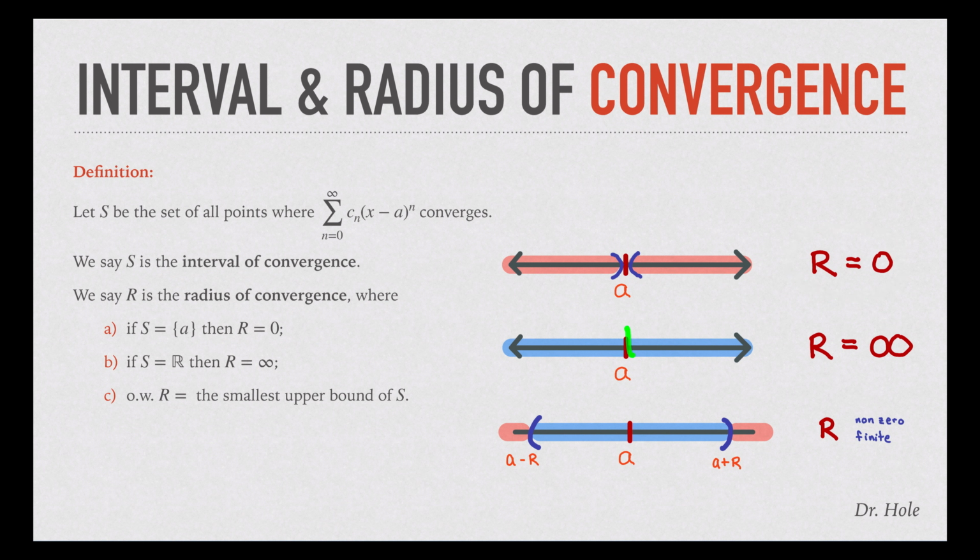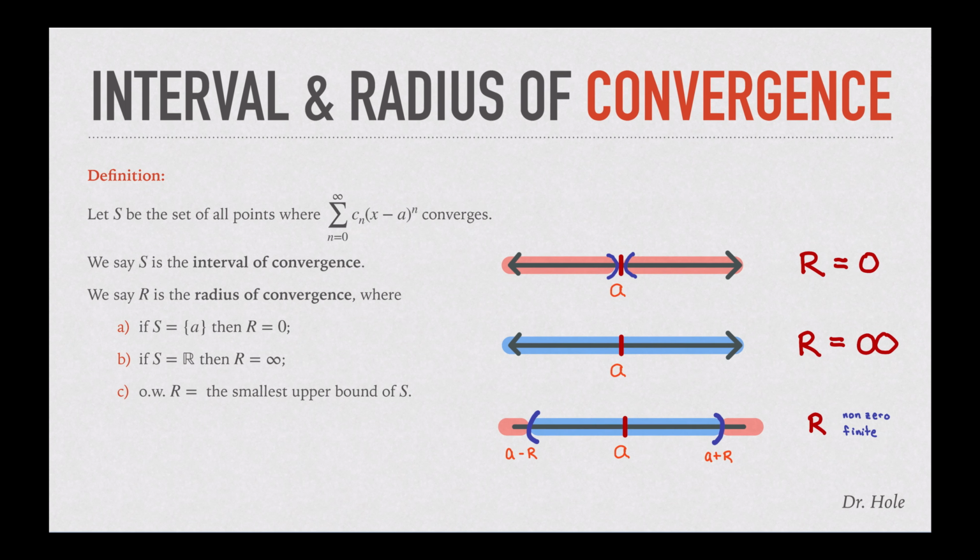In the second case, the amount that we can stray away from the center is infinite. And in the third case, the amount that we can stray away from the center is non-zero and finite. These three pictures correspond with the three different possible outcomes for the convergence of a power series.